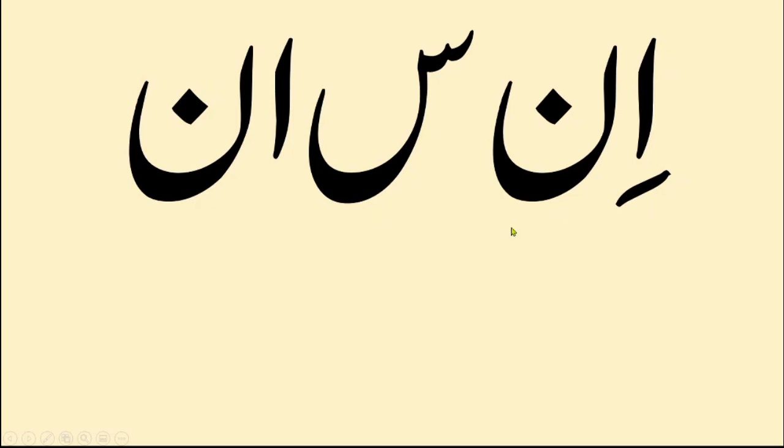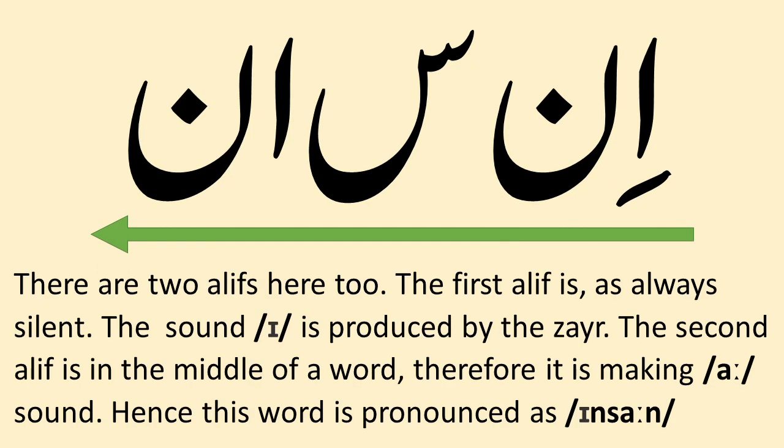Alif is totally silent. Okay? So remember, out of these two alifs, this is silent. It's always supposed to be silent. And the I sound is produced by the zer. So this will be read as insan. And I've written it phonetically for you using IPA.